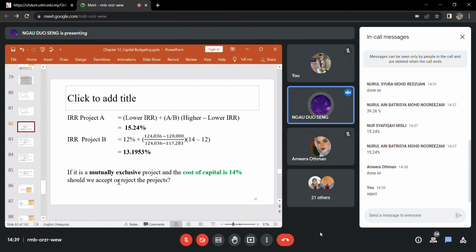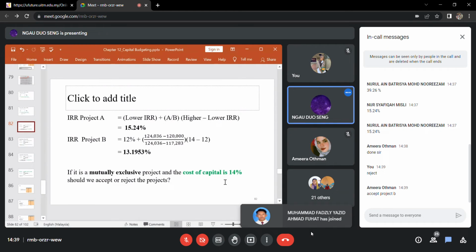Reject. Mutually exclusive, cost is 14. Natasha says reject both A and B, or reject A or reject B. Osman said accept project B. Amira said accept project B.